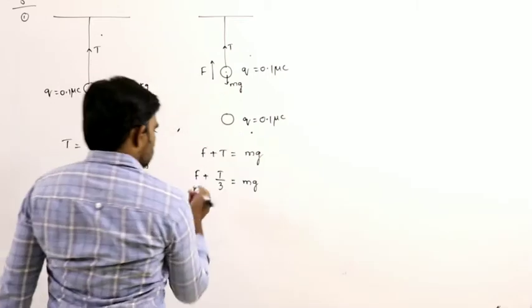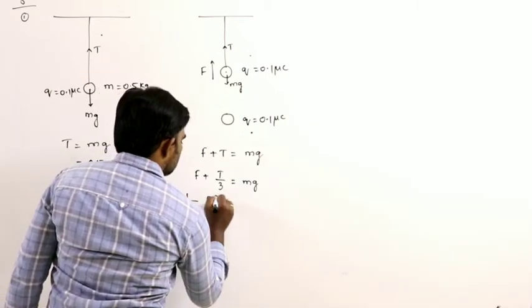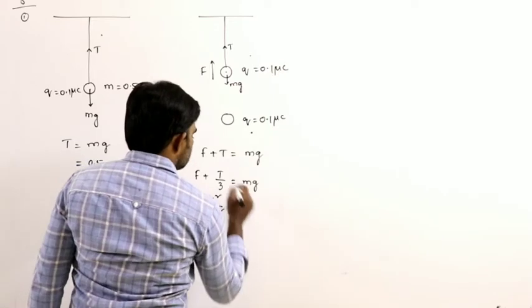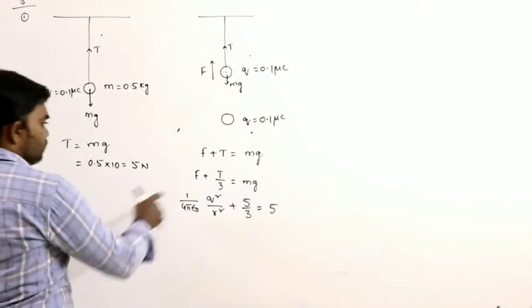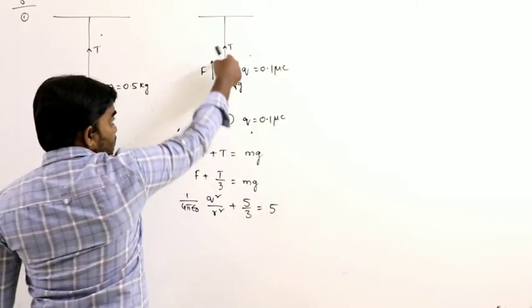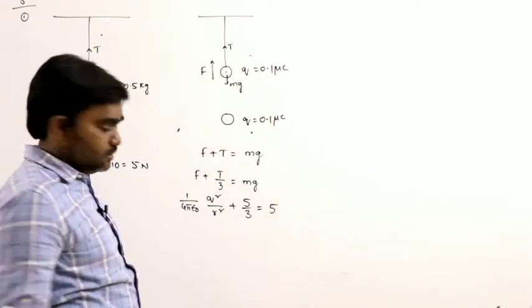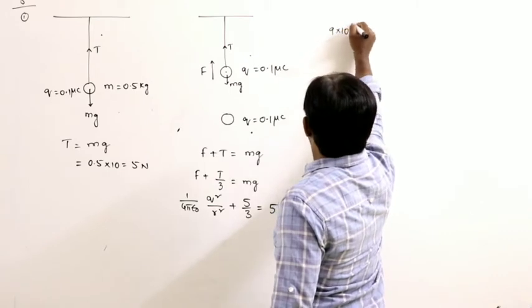What we have to calculate is the distance between these two. Force: 1/4 pi epsilon naught q square by r square, plus T by 3, that is 5/3, equals 5. Due to the presence of this ball, the tension reduces to T by 3. 1/4 pi epsilon naught is 9 into 10 to the power of 9.